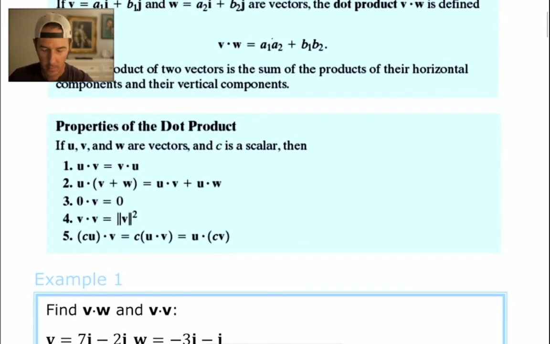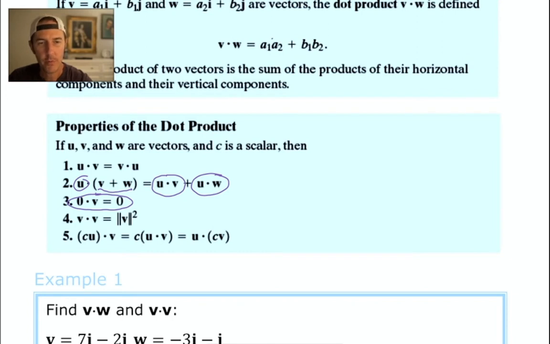So we can add a couple of vectors first and then dot it with a third vector, the result of that vector addition, or we can distribute the dot product over addition and find the sum of u dot v plus u dot w.